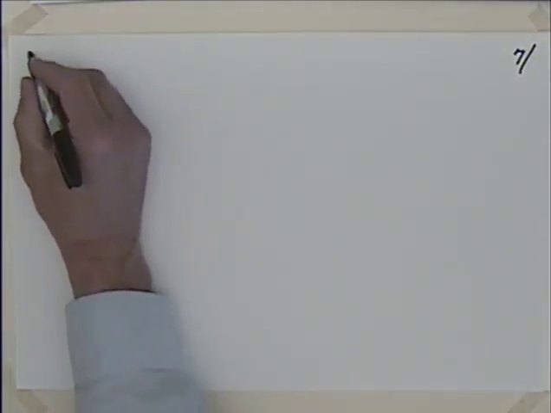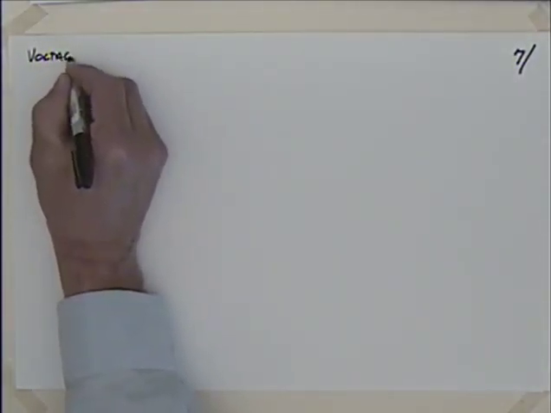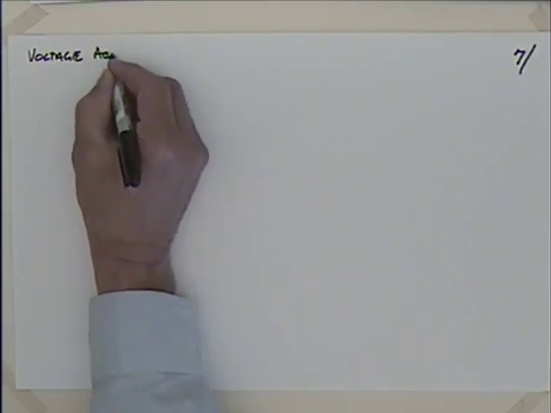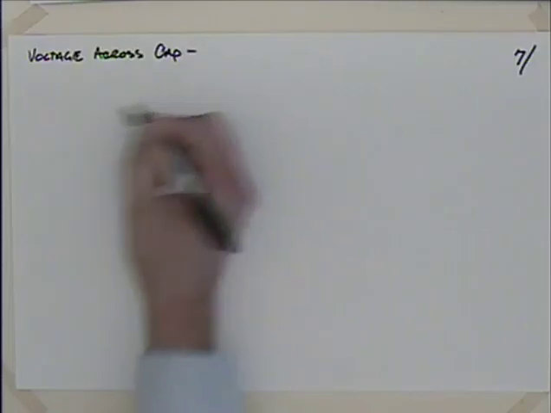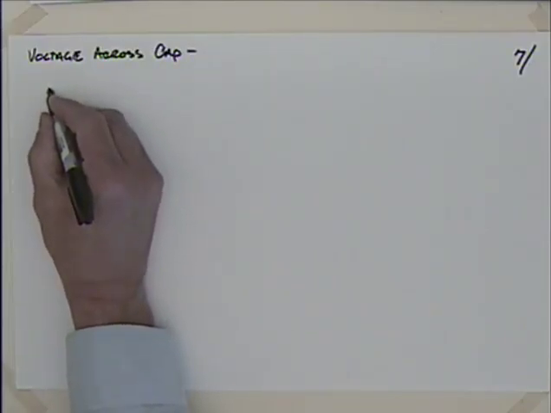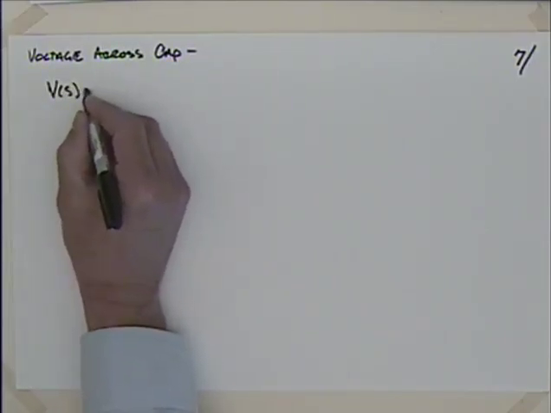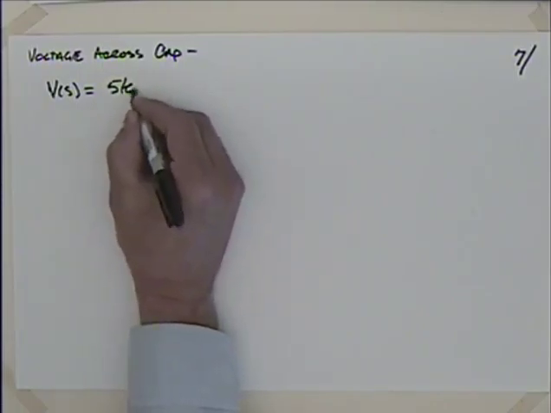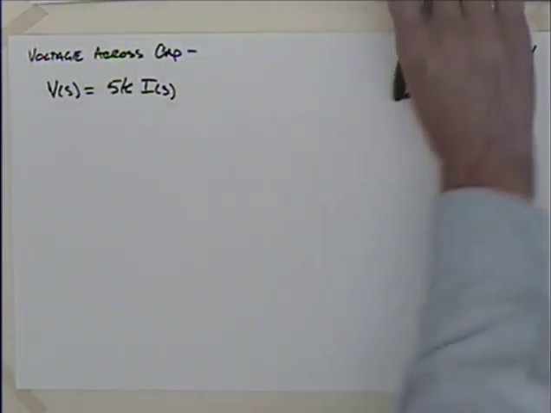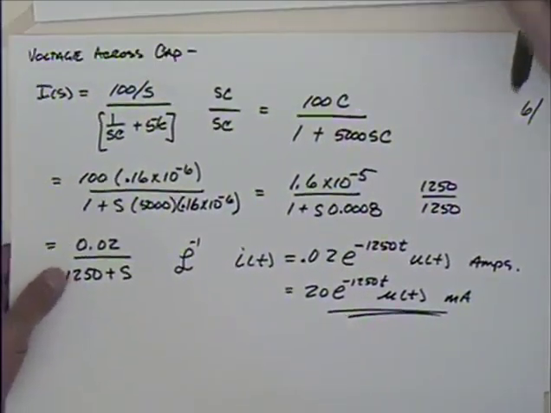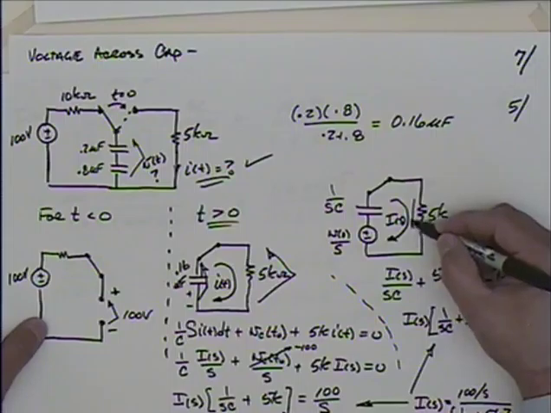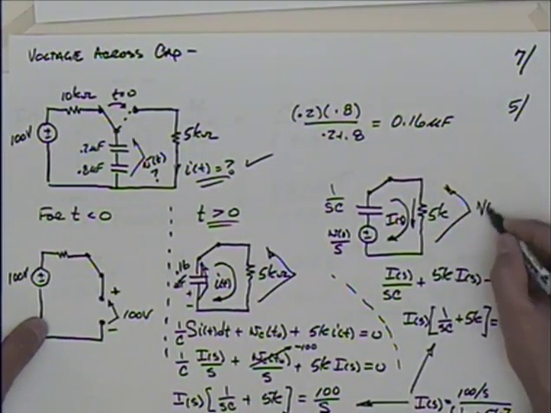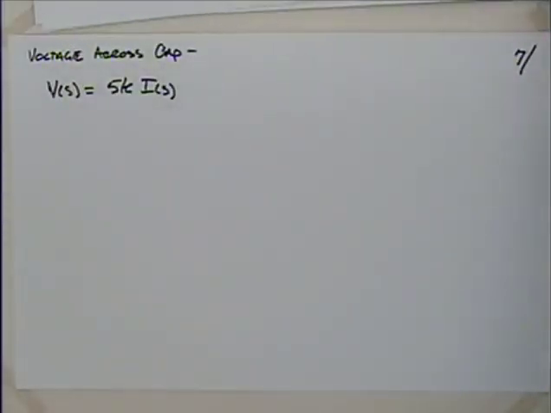Voltage across the cap. I could say that the voltage across the cap, if I want to do it in the S domain, would be equal to 5K times I of S. Do we agree with that? I think so. Our current's going down through that, so there's the voltage in the S domain. So I think we're okay with that.